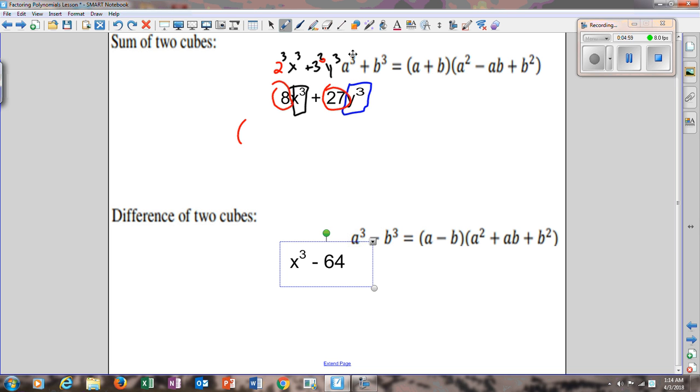So this would be 2x plus 3y. It's just whatever you would have to cube to get 8, whatever you would have to cube to get x cubed. So 2 cubed gives you 8, and x cubed gives you x cubed.